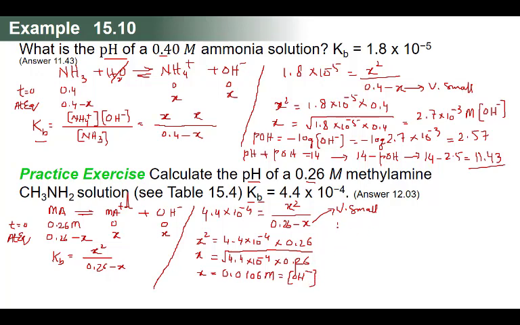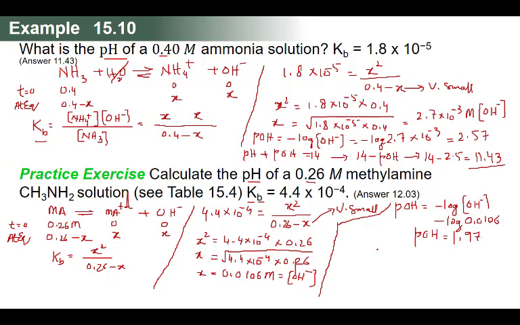So now we can say this is OH, so we calculate the pOH. pOH is equal to negative log of the OH concentration. So negative log 0.0106. So pOH will be equal to 1.97.